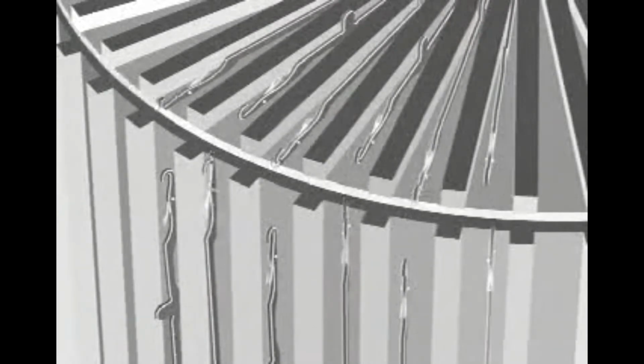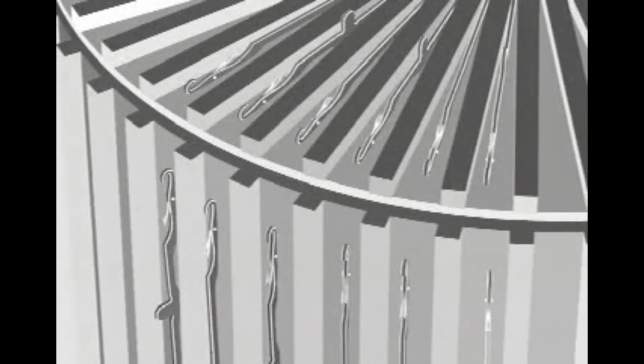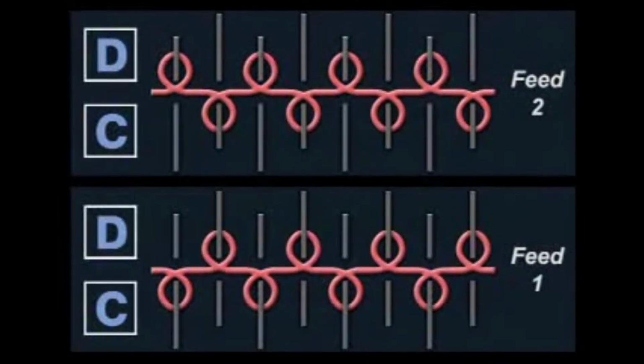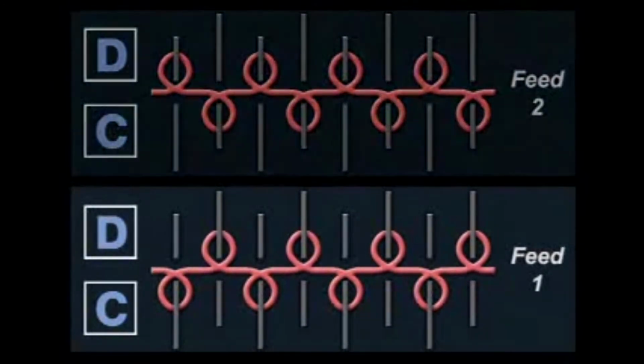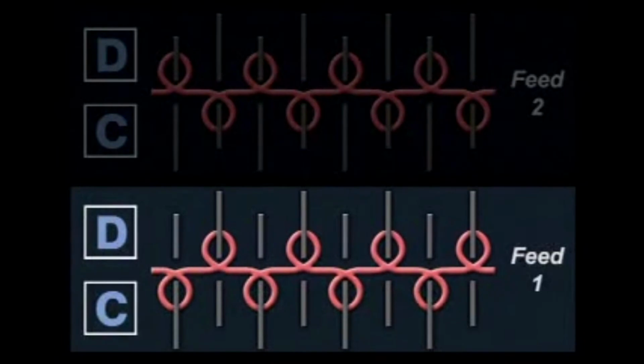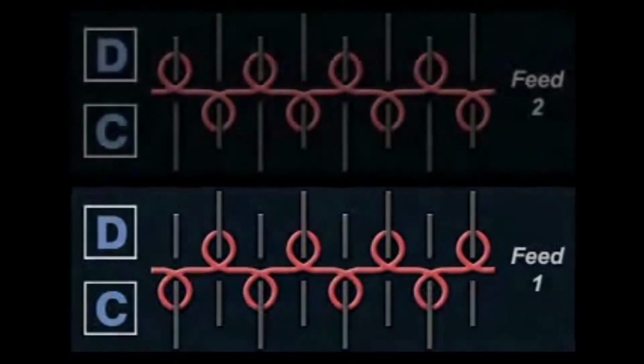Most commonly used are butts in short and long configurations, as seen in this illustration. Needles with long and short butts are alternately arranged in the cylinder and also in the dial. During each feed or course of yarn, only half the needles are used. On course 1, only needles with long butt positions knit, those placed in odd positions of the cylinder and even positions of the dial.